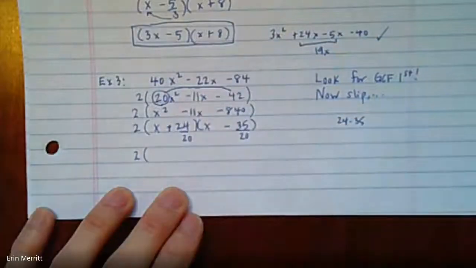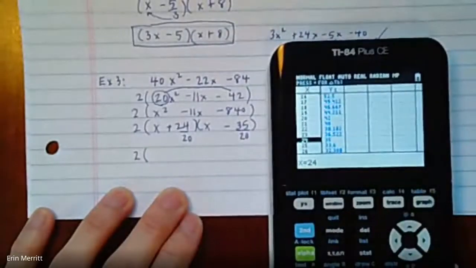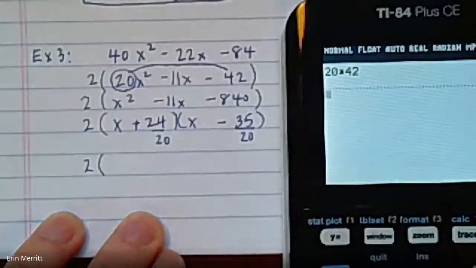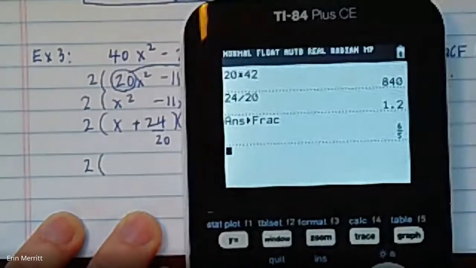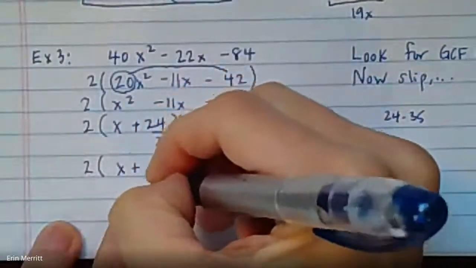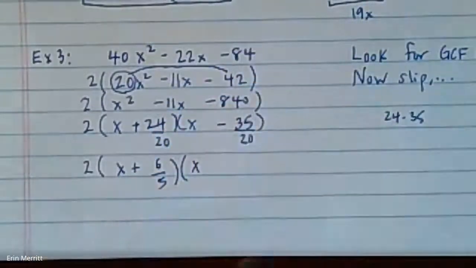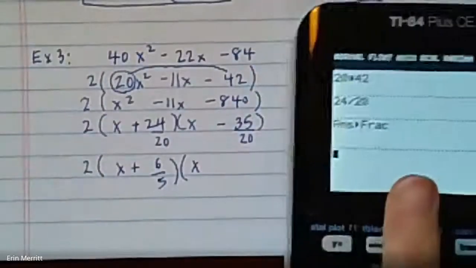Super important. If you need to, so let me show it on my calculator. If you need to, you can do 24 divided by 20 and then math frac that. That's going to give us right here 6/5. So you do have to reduce this down first. And then same thing over here, 35 over 20.